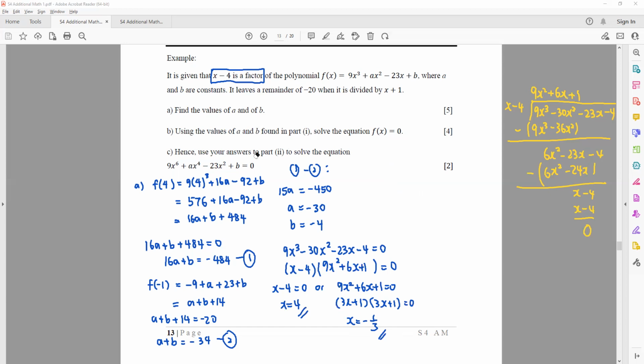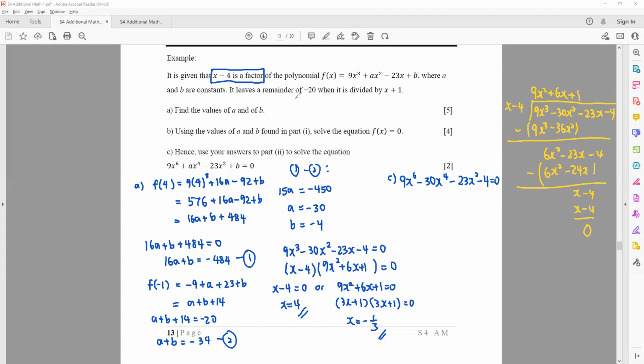Okay, hence using your answer in part 2, solve the equation of this. Write out the question. Your A is negative 30. Your B is negative. So compare these two. What is the similarity? Oh, the 9 is the same. So we always compare the coefficients. 30 and 30 same.